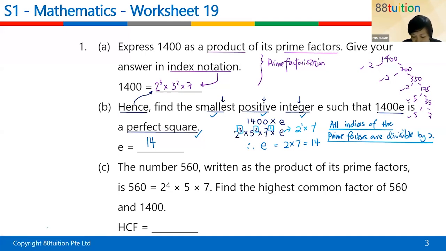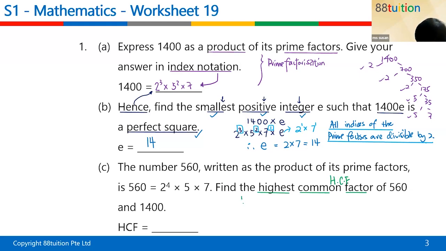The number 560 written as the product of its prime factors is given to you here. Find the highest common factor of 560 and 1004. Okay, so you see, he wants the highest common factor. What is he asking for again? HCF. In order to have it, you must list down the 560 first.